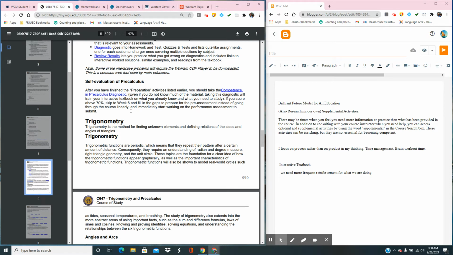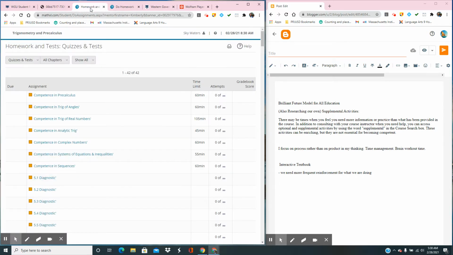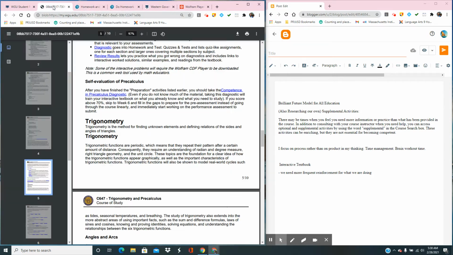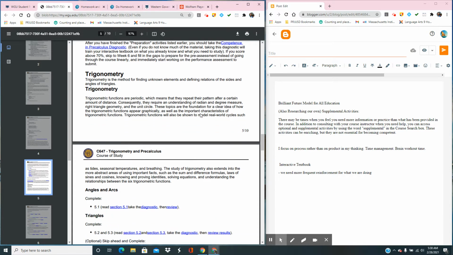If you score above 70%, skip to week 6. Oh! I think I might have taken it a couple of weeks ago. And that might be why it's skipping me to like 5 or something. Okay. Fill in gaps instead of going through the course linearly and immediately start working on the performance assessment to submit.